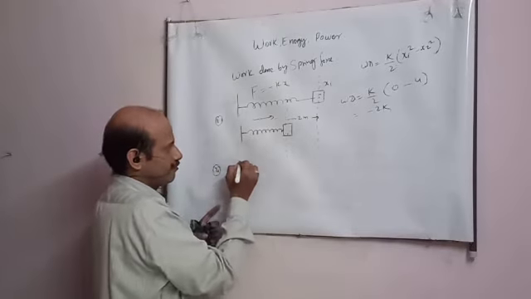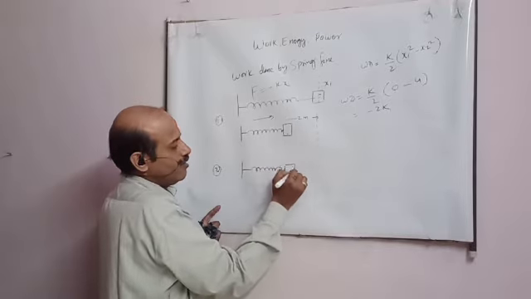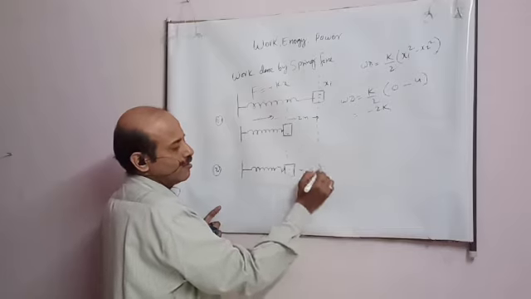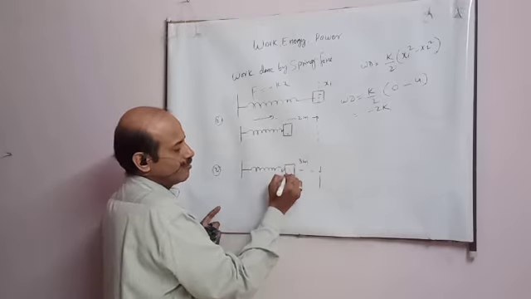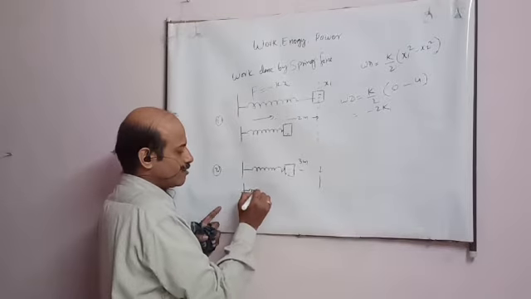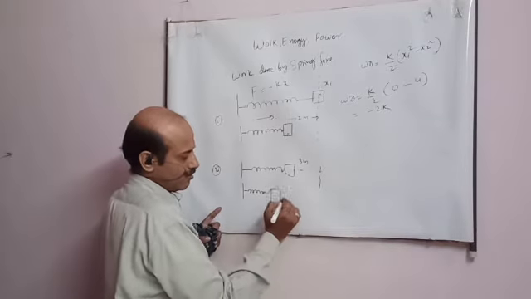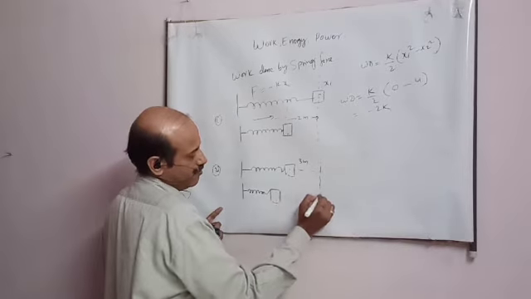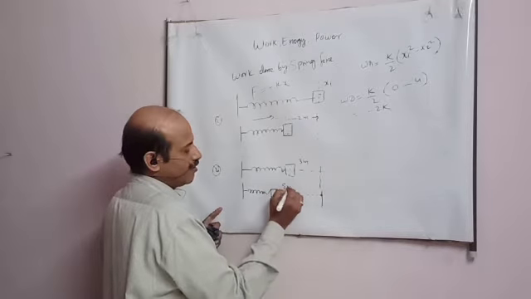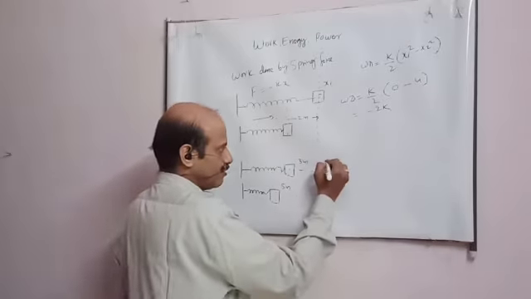Now suppose, student, this is the second case. This is the initial position. This is original length, student. Say this is 3 meters. From here the spring is again compressed. This is 5 meters, student. So how much is the work done from here to here? How to find out, see, student?